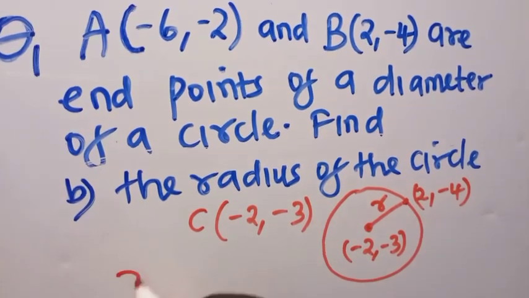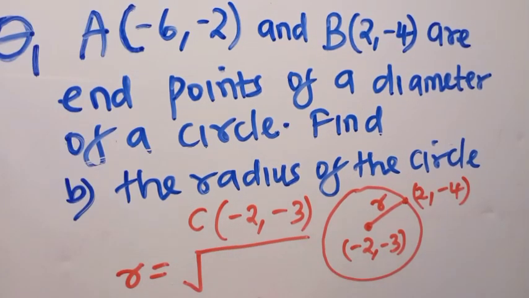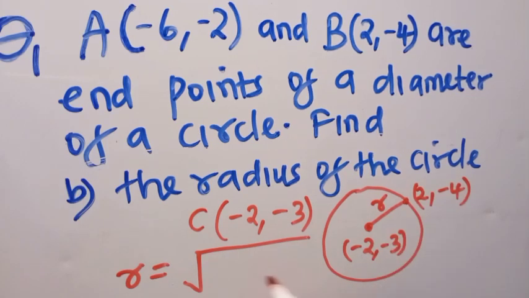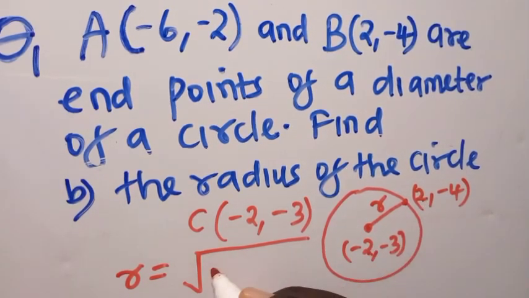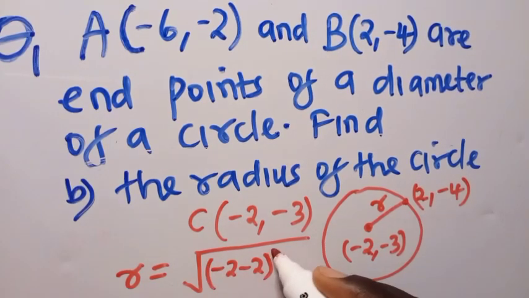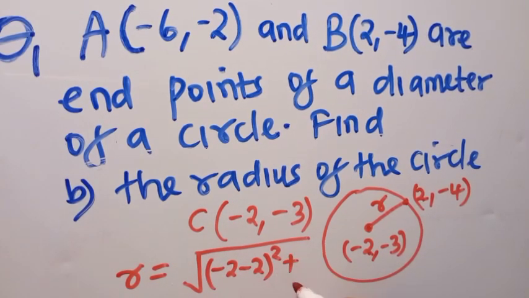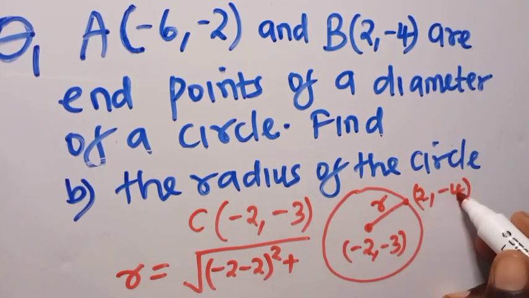Now, the radius is obtained by finding the square root of negative 2 minus 2, then squared, plus negative 3 minus negative 4, squared.